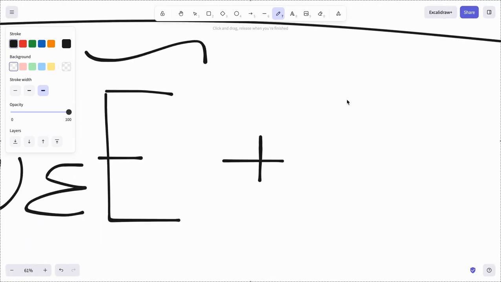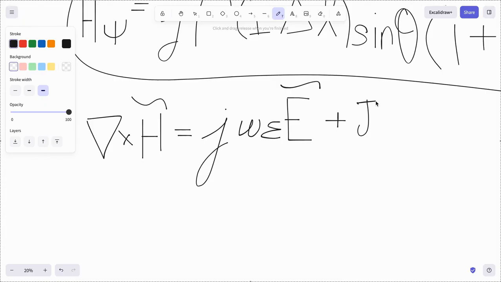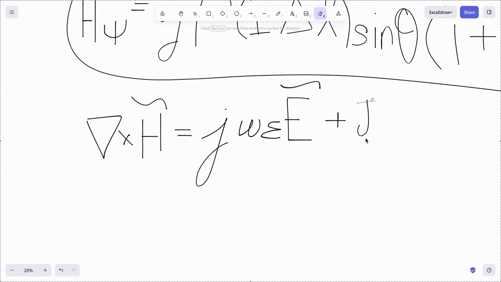Plus j, but since we're looking at the field where there is no current source, where r is greater than 0, we can ignore that and we're just left with this.